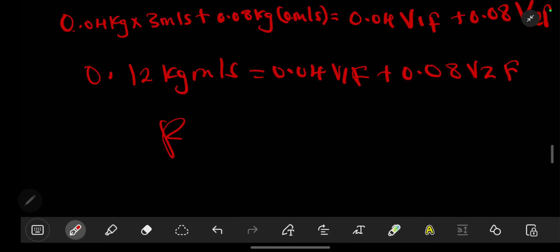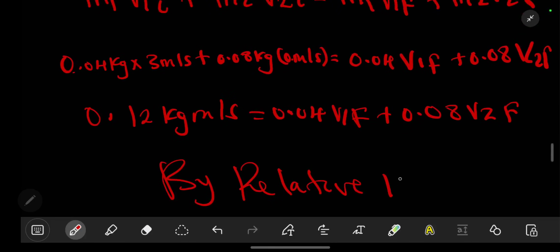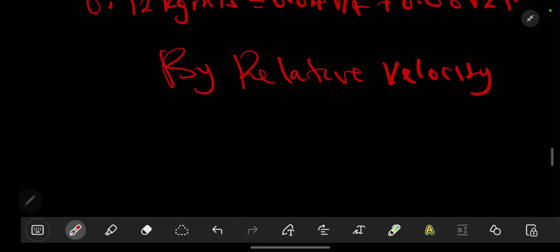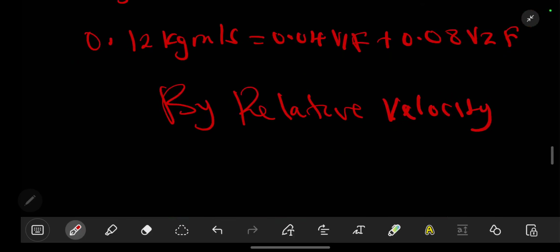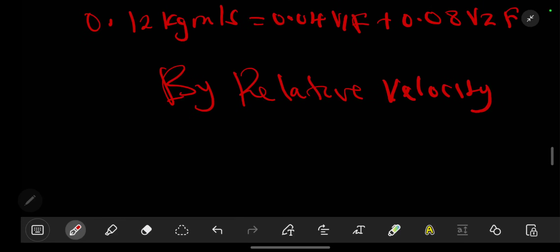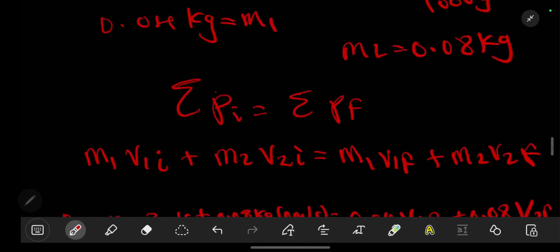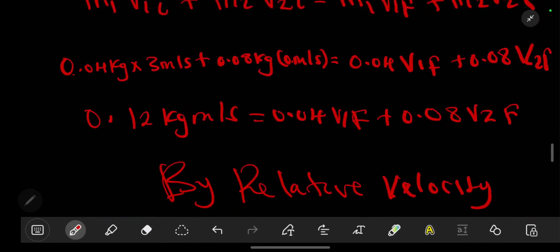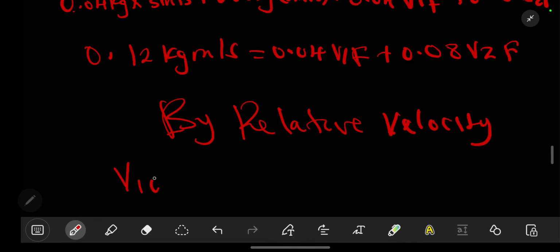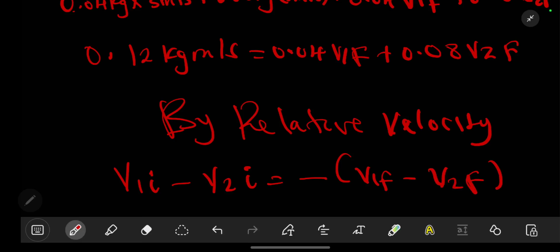Then we use the relative velocity, so it doesn't matter what the masses are. By the relative velocity, v1 initial minus v2 initial is equal to the negative of v1 final minus v2 final.